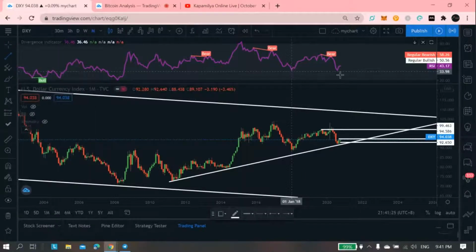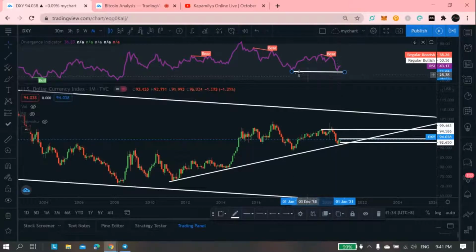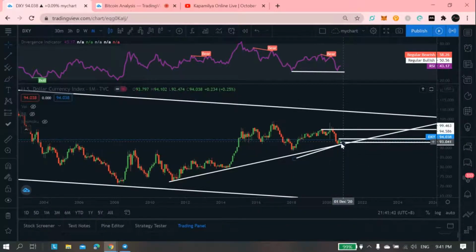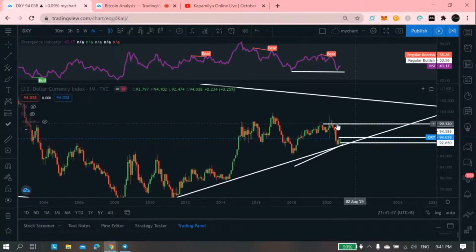This is going down, 36.46, and this one is 33, so price is going down, but this one is trending higher. So there is a hidden divergence that could possibly retest the 99 area using the monthly time frame.